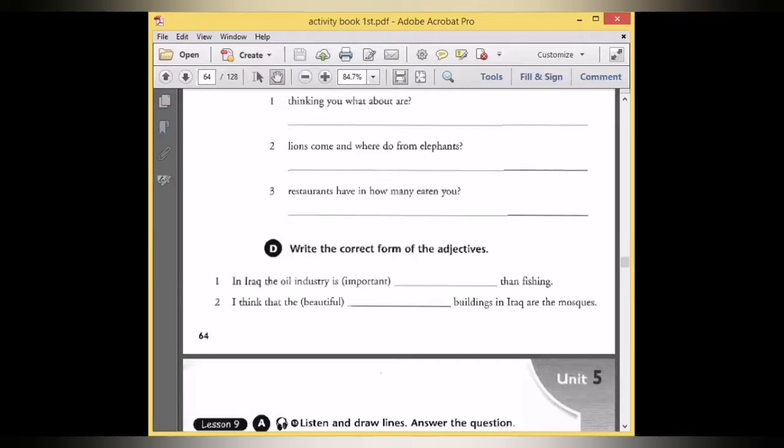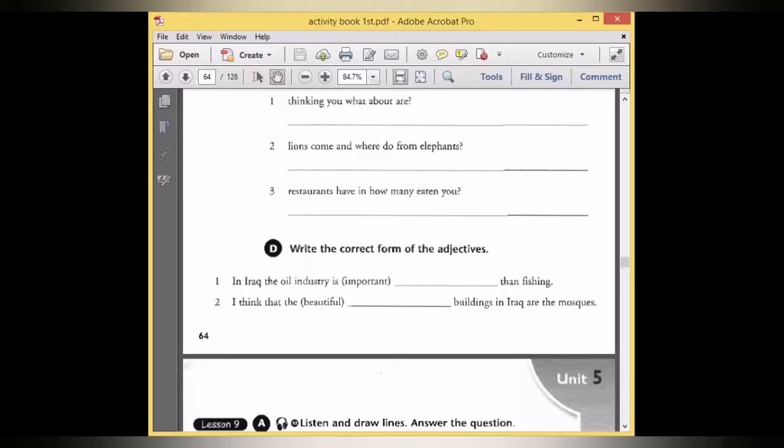Comparative or superlative adjectives? We should use the comparative adjective. Why? Because we have two things, two entities, and you are making a comparison between the oil industry and fishing. And you have the adjective important.